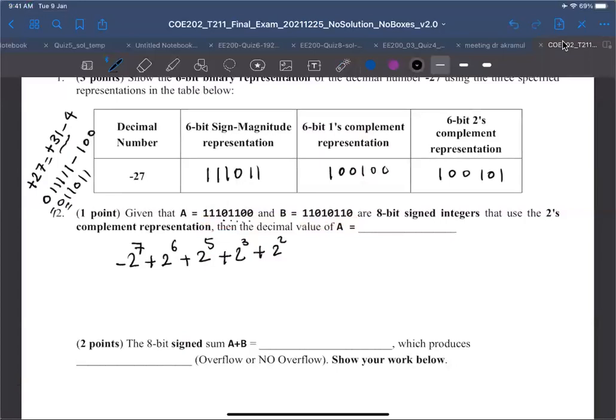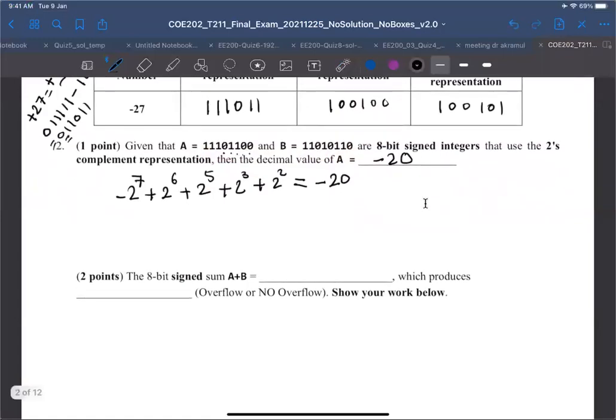The powers 1 and 0 are missing. If you calculate this, you'll find it is minus 20 in decimal. So A has a decimal value of negative 20.